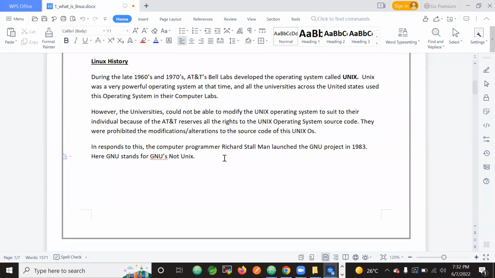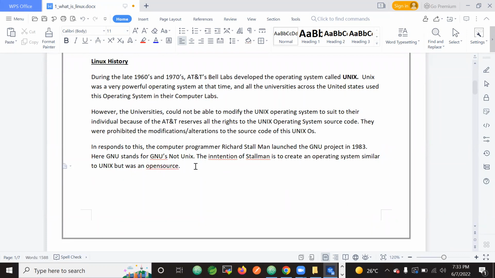So what did Stallman do actually? The intention of Stallman to start this GNU project was to build an open source operating system similar to Unix.